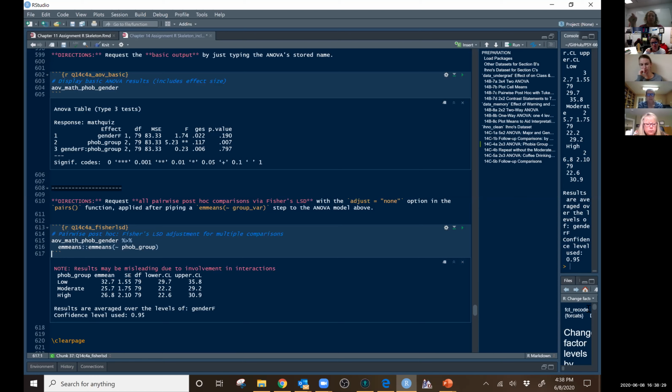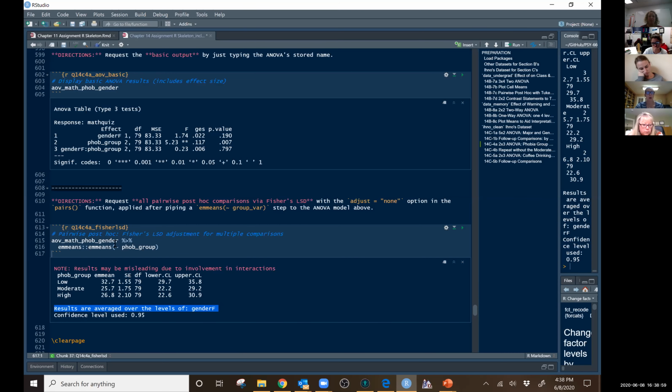Because should we look at phobia group by itself? What's the caveat? Only if this interaction was non-significant. So this little red warning message is saying don't look at phobia group by itself unless you've made sure that the interaction is non-significant first. Because it says you're averaging over both levels of gender.